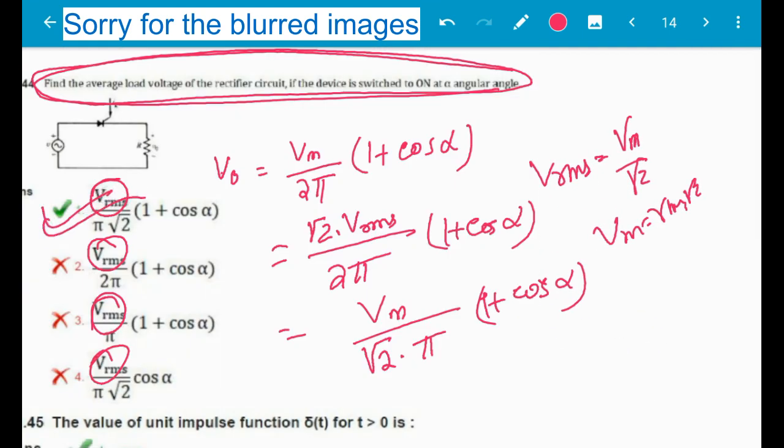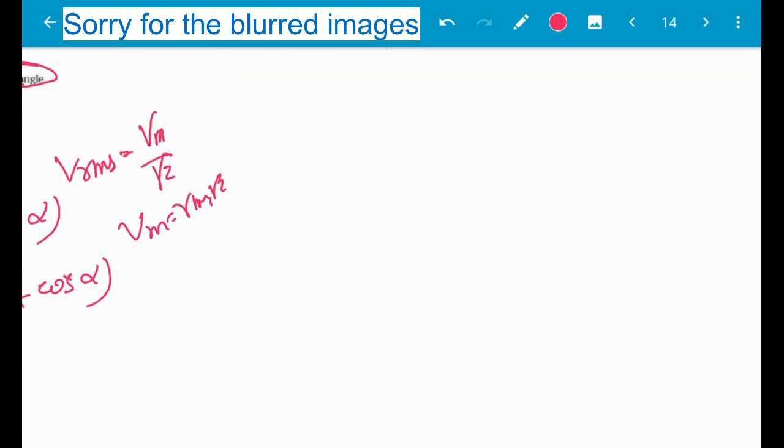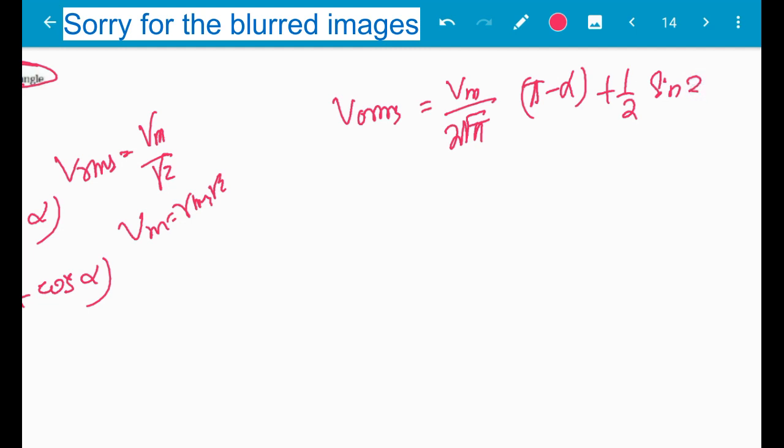If asked for the RMS output, the output RMS is equal to Vm by 2 root π, into [(π minus alpha) plus half sine 2 alpha] to the power half.